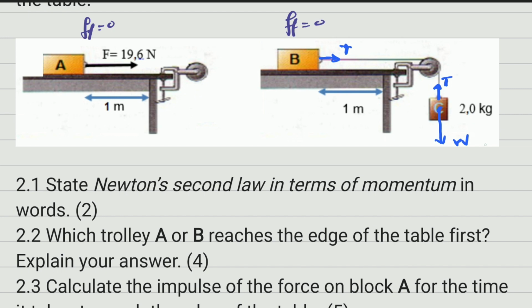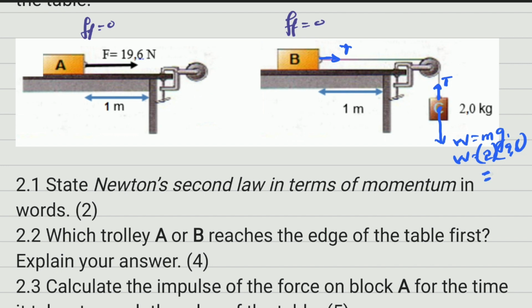Now, if you calculate the weight, which is what most of you are going to do first, this weight is equal to mass multiplied by acceleration due to gravity. So we can see that the weight acting on this specific object is going to be equal to 2 multiplied by 9,8. And there is a tiny thing here.